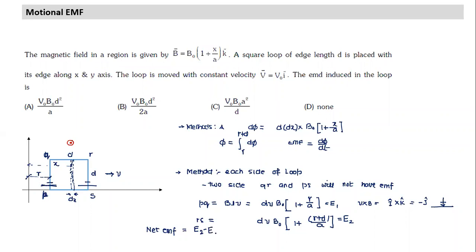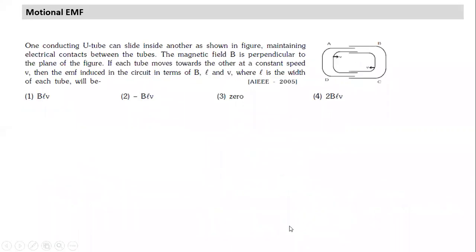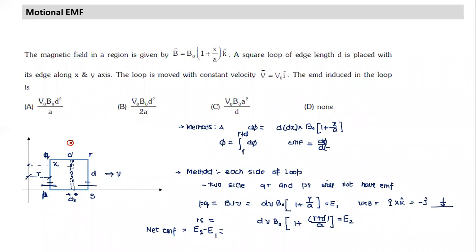When we subtract, which term will remain? Only this term will remain; the rest will all cancel out. So it will be equal to d V B naught, and what will remain is D by A. So that's the EMF developed.